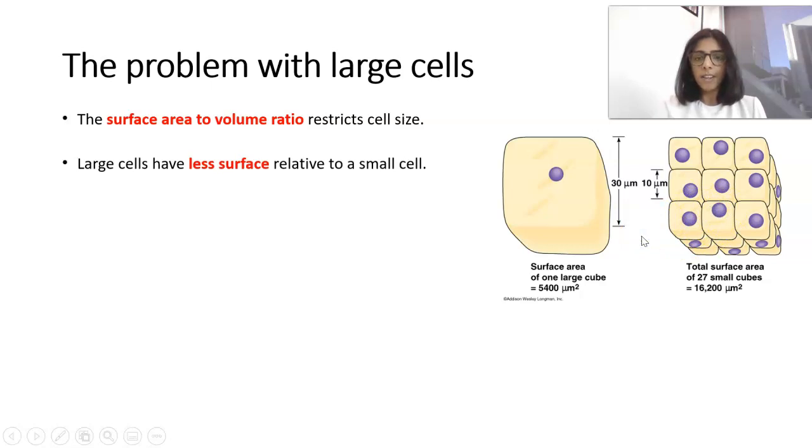The reason for that, as we've already said, is that large cells have less surface area compared to smaller cells. Because remember, this one large volume only has 6 sides, whereas the same volume here has many, many more sides, which means more surfaces for diffusion to take place.